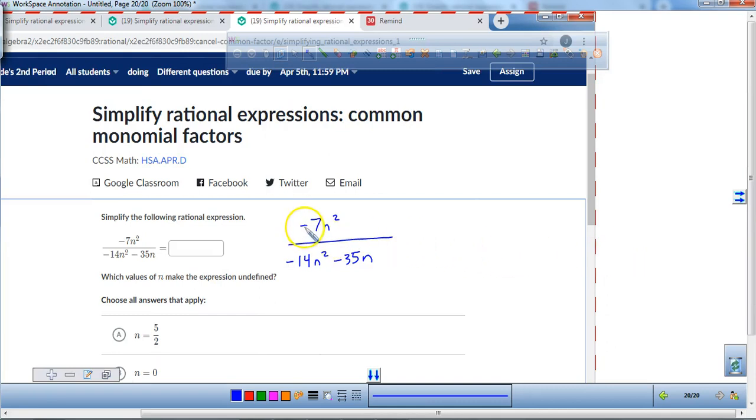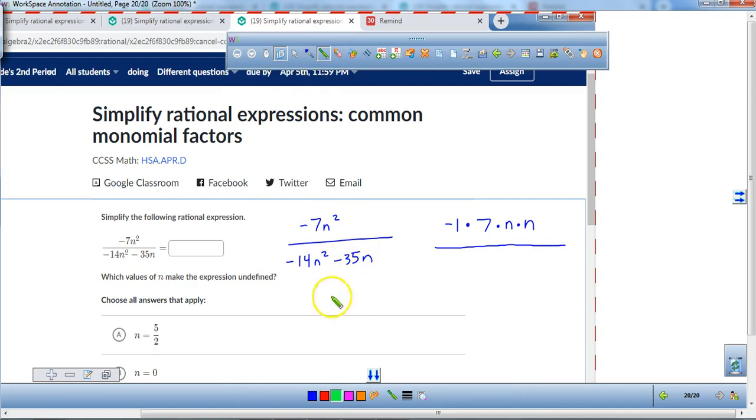So we're going to break this down into a negative 1, a 7, an n, and another n. So negative 7n squared breaks down to all these factors.